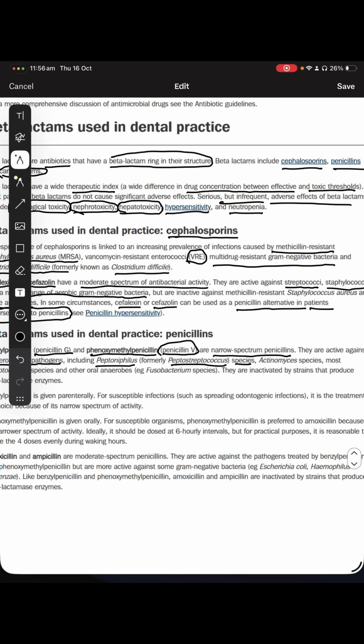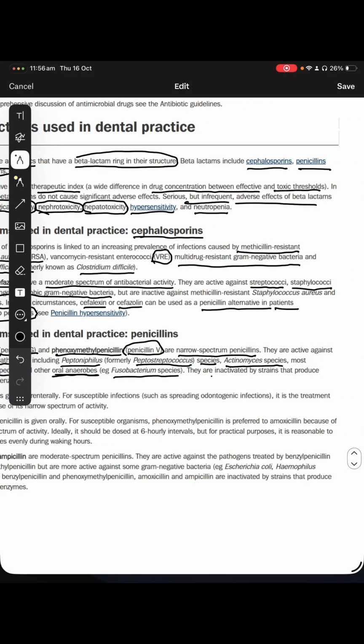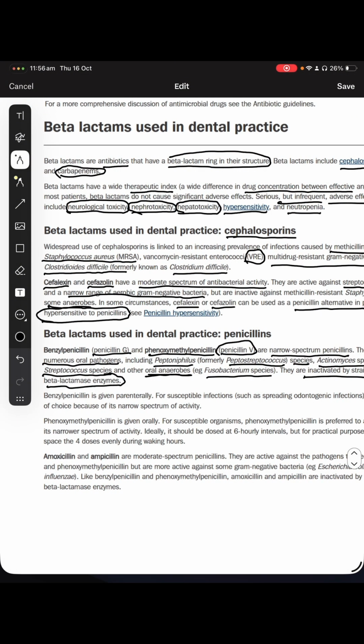They are also active against Actinomyces species and most Streptococcus species and other oral anaerobes, for example, Fusobacterium species. And they are inactivated by strains that produce beta lactamase enzymes.